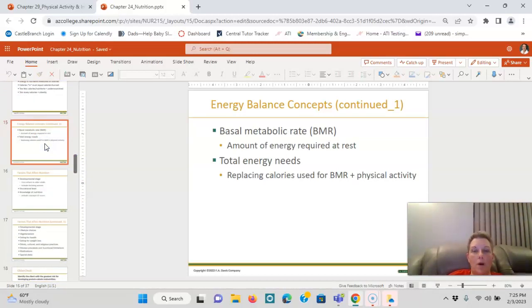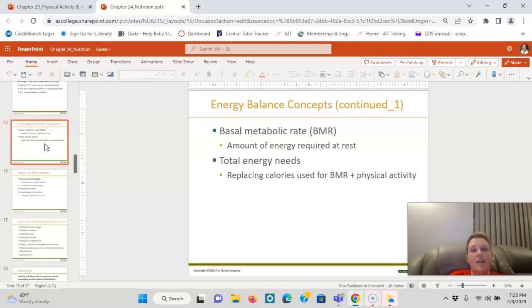So how do I know what my energy level is? There is a test that gets done in weight loss centers called the basal metabolic rate. That's the amount of energy required at rest. Typically when they do this BMR, you're lying down, the machine is on, and you're literally just breathing into a tube for 60 minutes.